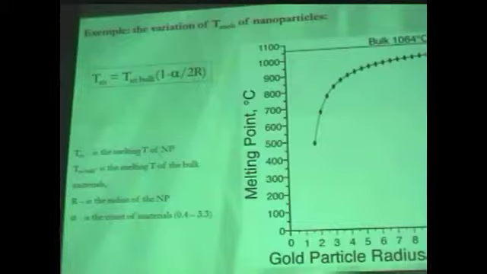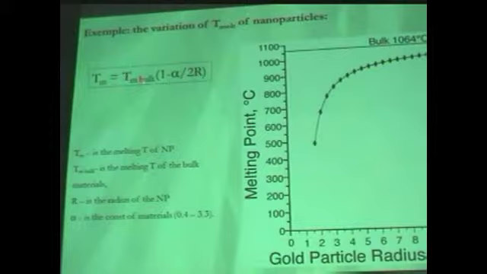And as the radius of the particles decreases, we observe a decrease of the melting point, and as the nanoparticles become relatively small, here nanoparticles of around 10 nanometers in diameter, we observe a dramatic decrease of the melting temperature, and for nanoparticles of 4 nanometers, we have the melting point at 500 degrees Celsius.